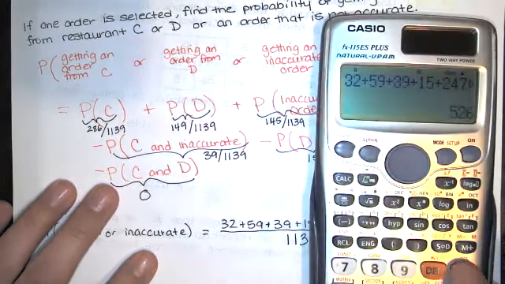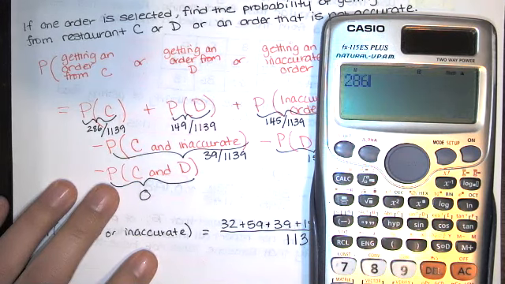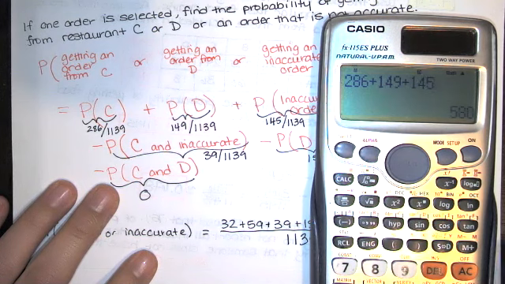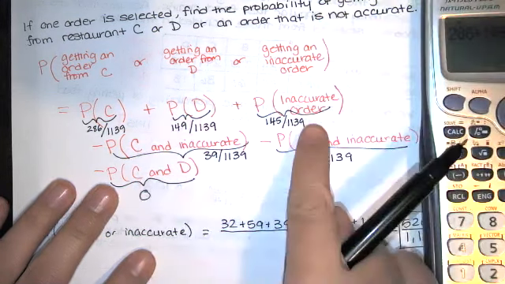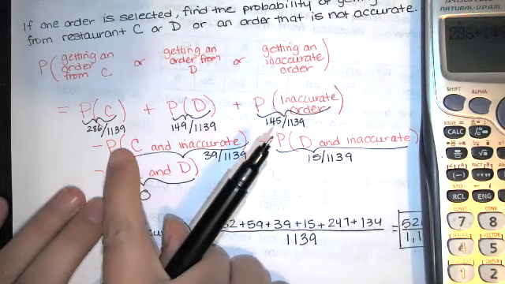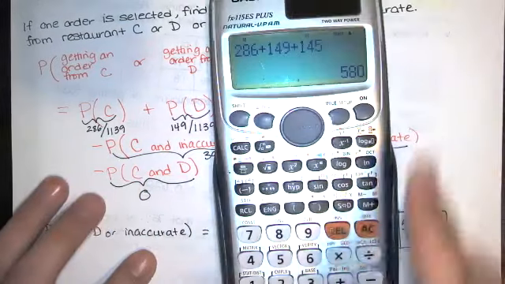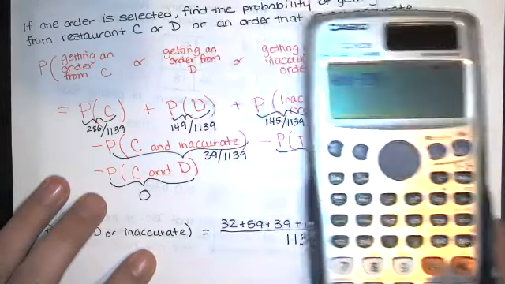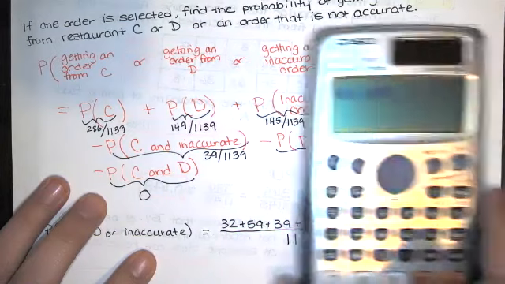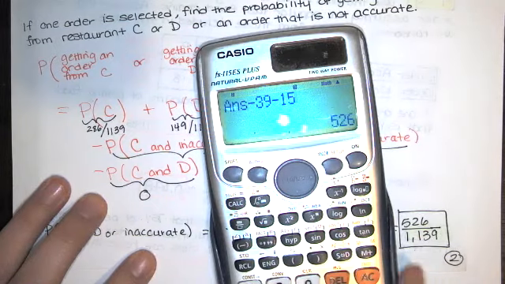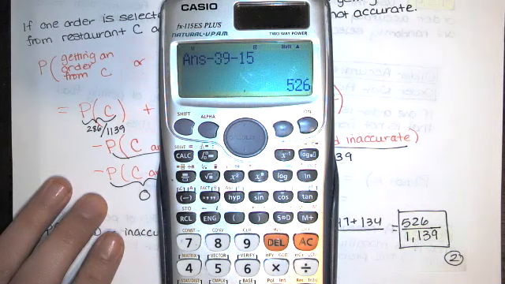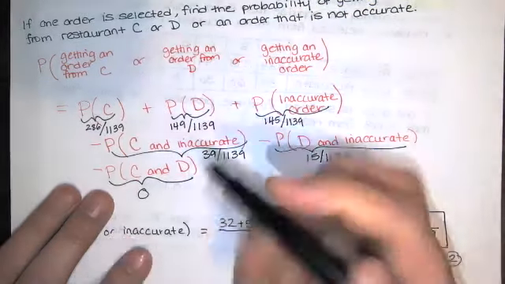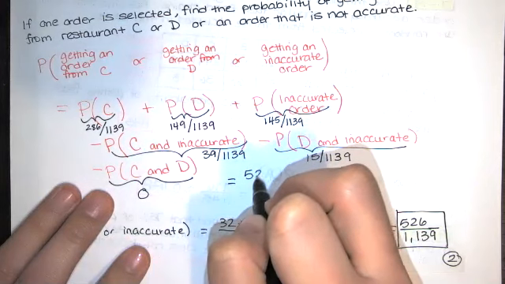Let's see if we get the same thing. So I've got 286 plus 149 plus 145. That's all in the numerator over 1139. And then we're subtracting 39 here because we counted those 39 twice. And we're subtracting 15 there. And we get 526 out of 1,139 is what we get.